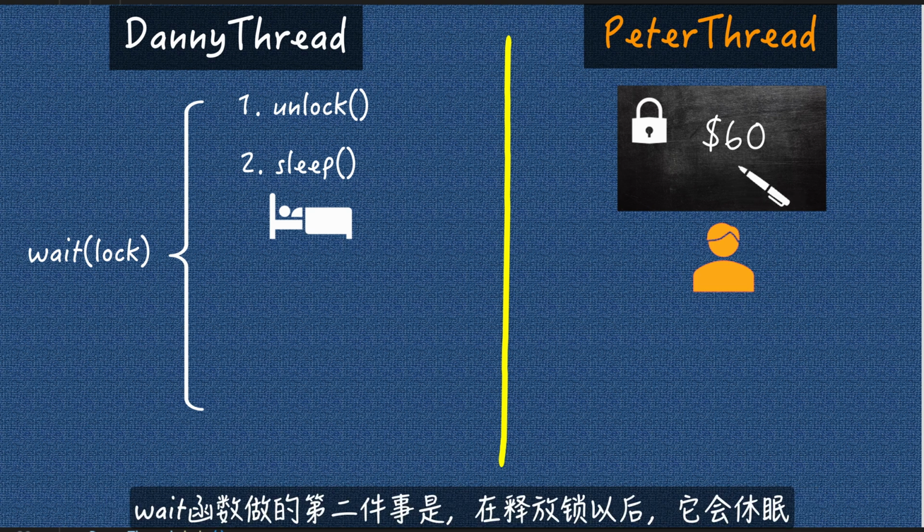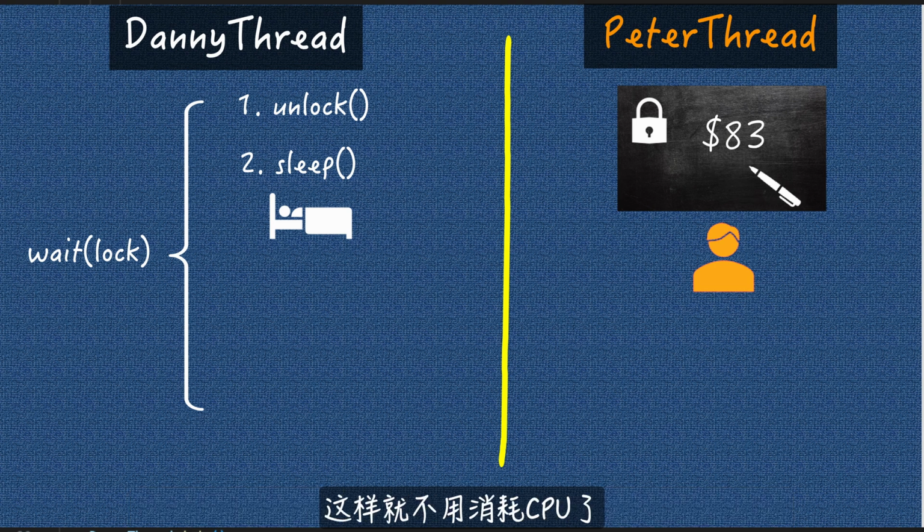The second thing wait will do, after it has released the mutex, is go to sleep and consume almost 0% of CPU.